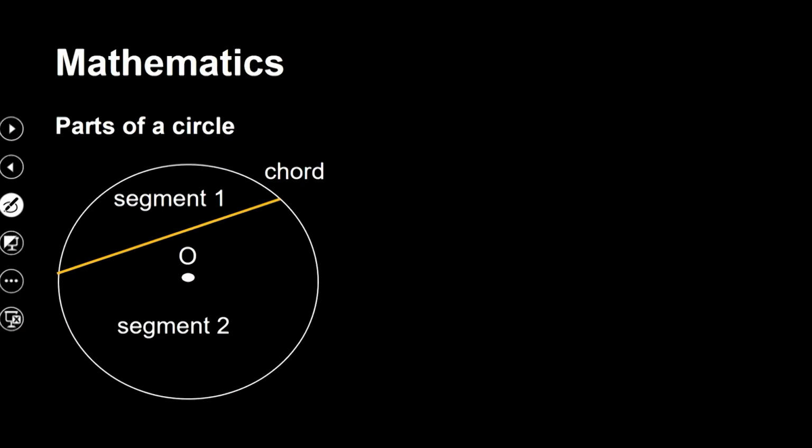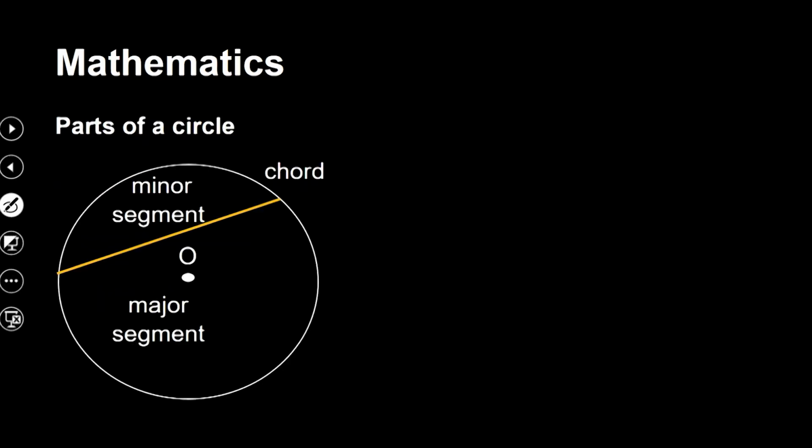Now, a chord, as I just said, normally cuts the circle into two segments, segment 1 and segment 2. But we have specific names that we give these segments.